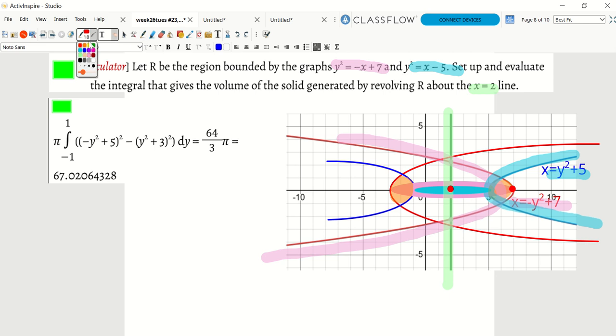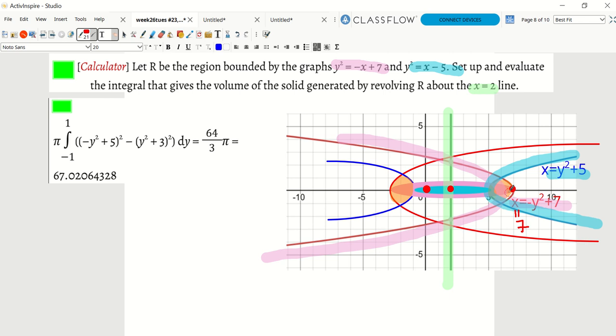I like to do hypothetical numbers. Let's pretend this dot, the x coordinate, was 7. 7 represents this left red to right red. But left red to right red does not represent the radius of the pink disk.